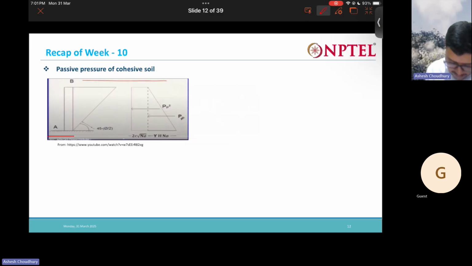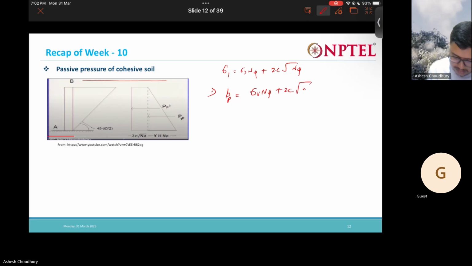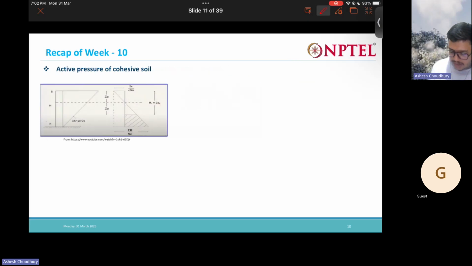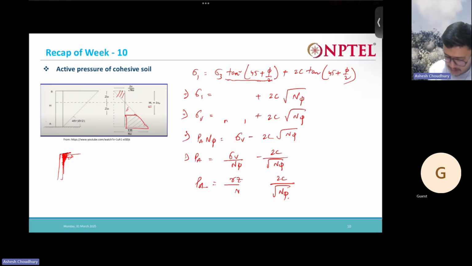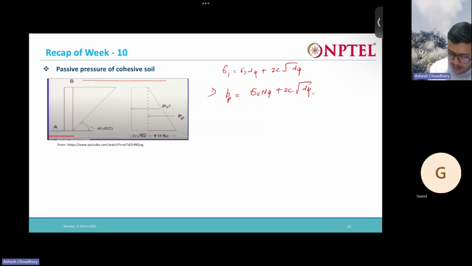And similarly, we can write for the passive case also. From here, finally, we'll get the passive pressure. The difference is that here you get a minus sign in between, but here we have a plus sign.